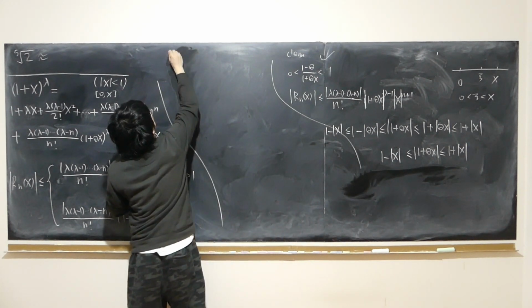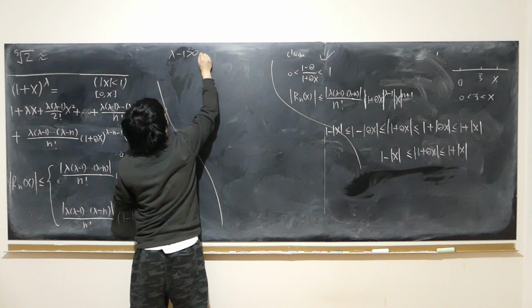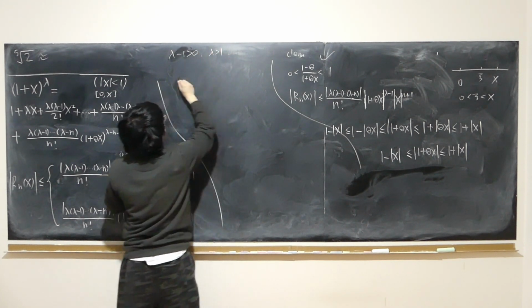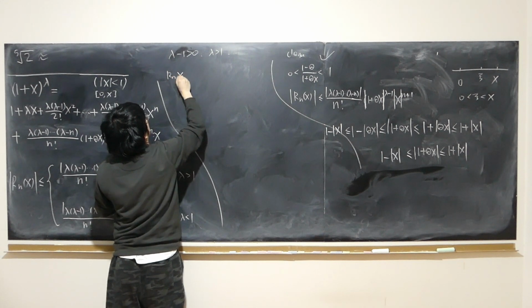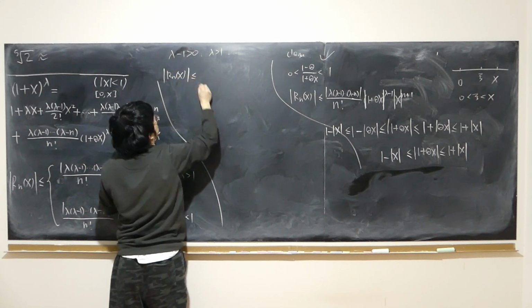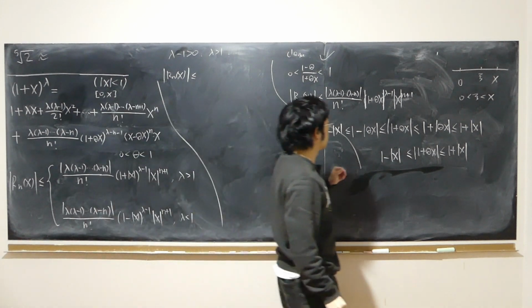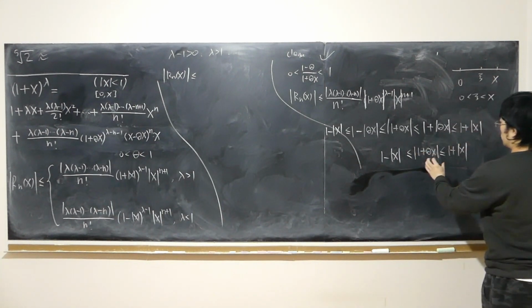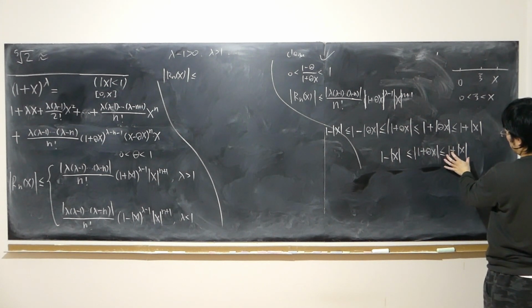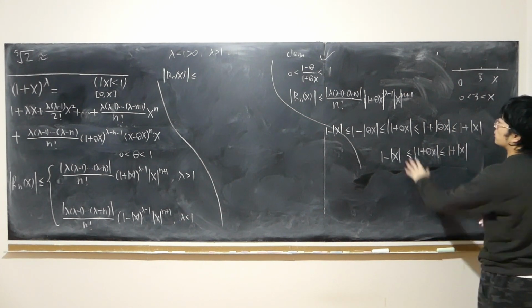So if lambda minus 1 is positive, in other words, when lambda is bigger than 1, then the absolute value of the Cauchy remainder is no larger than, like I said, maintaining the direction, so we raise to the power of lambda minus 1, still less than or equal to this quantity raised to the same power, and we copy down the rest.